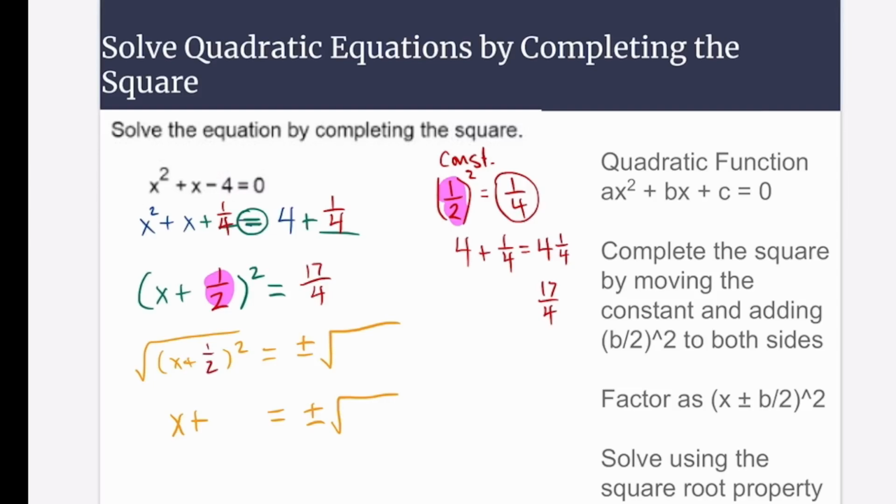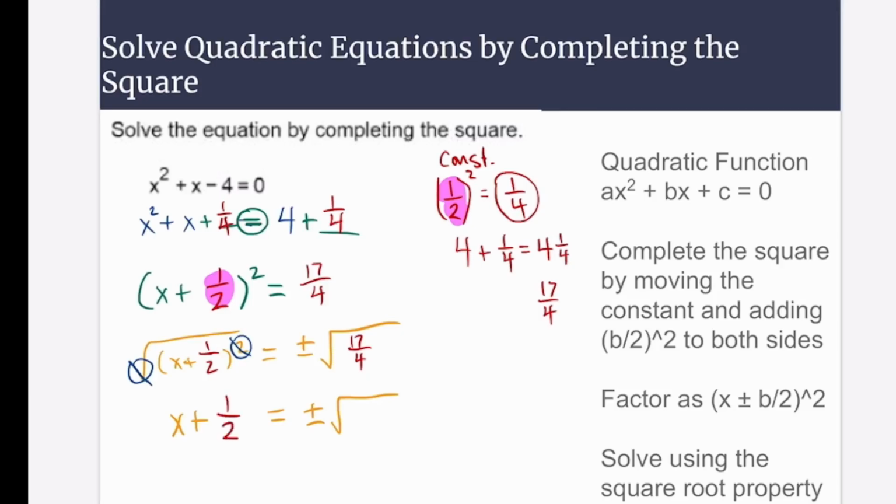So the numbers don't change. X plus 1/2 squared. We're doing square roots to both sides. So now we have the square root on the left side canceling with the square, the square root and the square being opposites. And on the right side we have our plus minus because we're doing square roots.